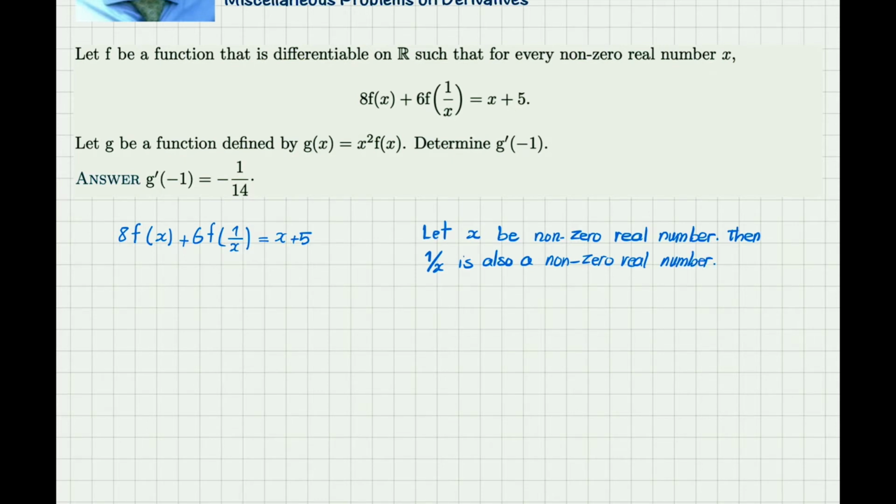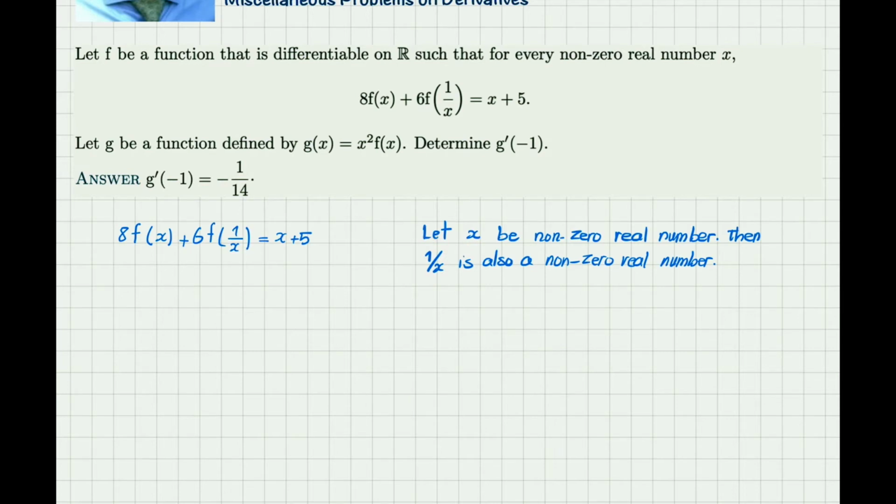Let me read this sentence once more. This equation is true for all possible non-zero values that you choose for x. So if my x is a non-zero real number, I know that this will hold. On the other hand, if x is non-zero, then 1 over x is also a non-zero number. So this means that this equation also holds for 1 over x in place of x.